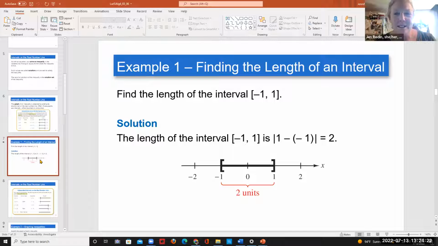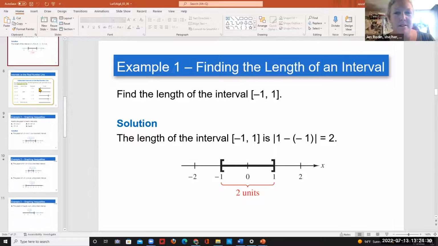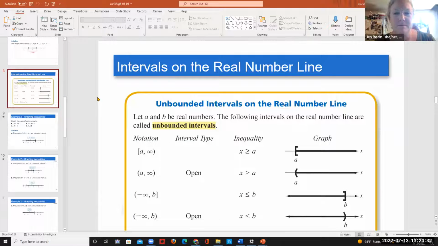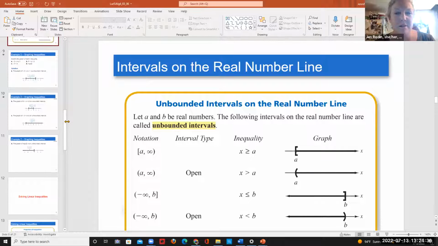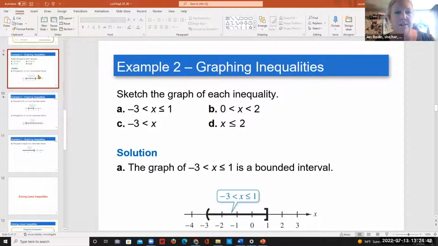So the length of an interval is 2 units. We're not going to do the length of an interval, but you just count the spaces between the endpoints. Here, we don't really do too much of this either with the infinities, but we will in college algebra. So now here we are.